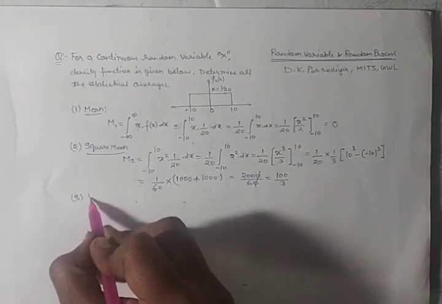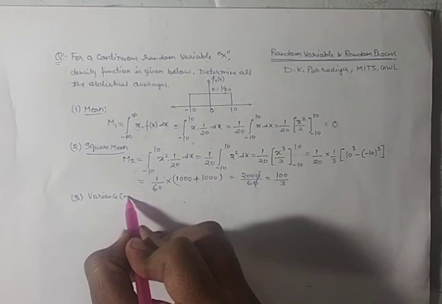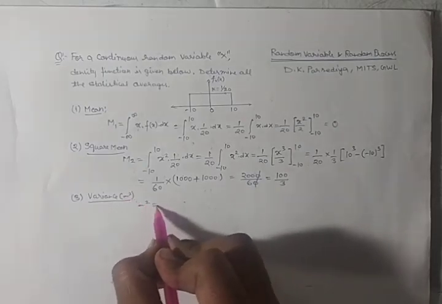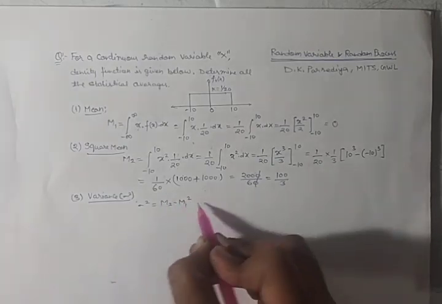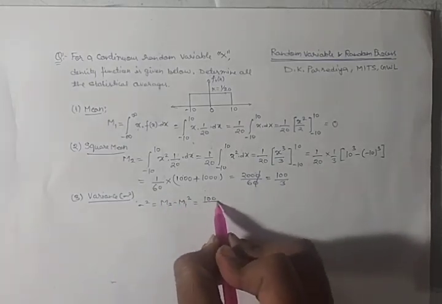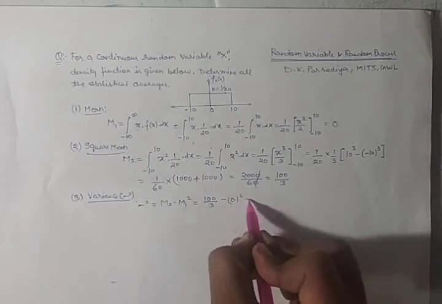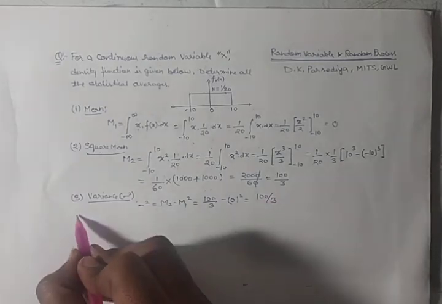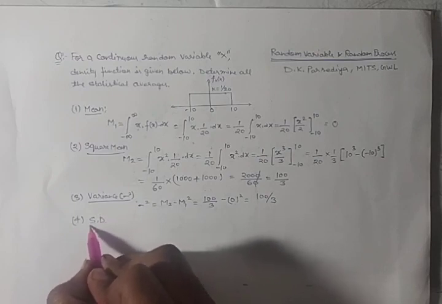Third is variance, given by sigma square. So sigma square will be m2 minus m1 square. m2 is 100 by 3, minus m1 is 0, so 0 square, that is 100 by 3. And last is standard deviation.